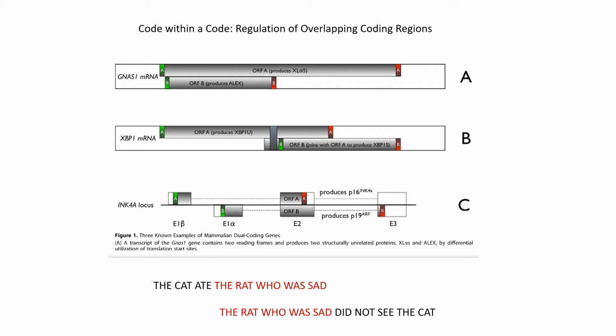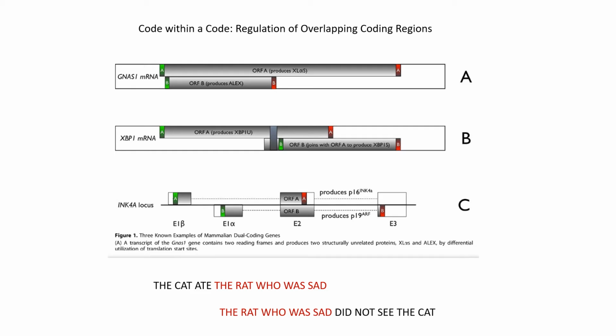Somehow, when we are going to transcribe that DNA into RNA, there's an embedded layer of signals that says begin here and end here to give me this protein. So let's look at the bottom of the slide. There's information that says the protein I want, and in this case the protein will be a sentence made of 3-letter words like the 3-letter codons. The cat ate the rat who was sad.